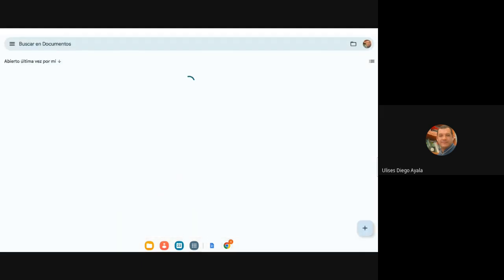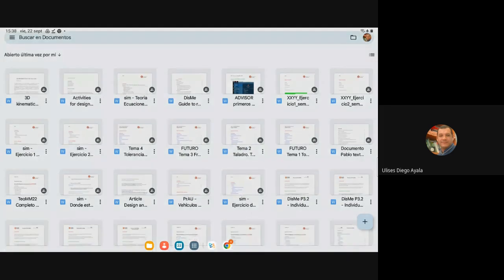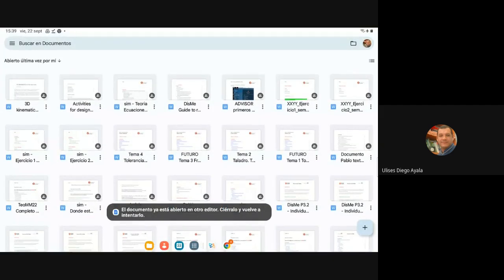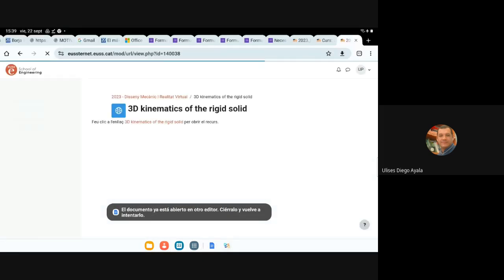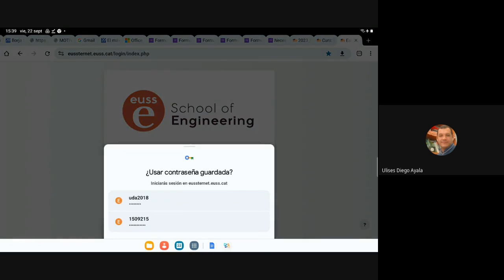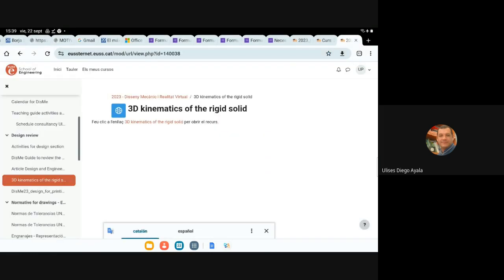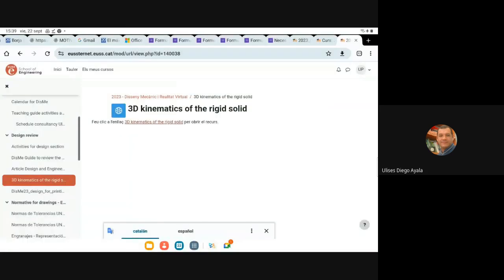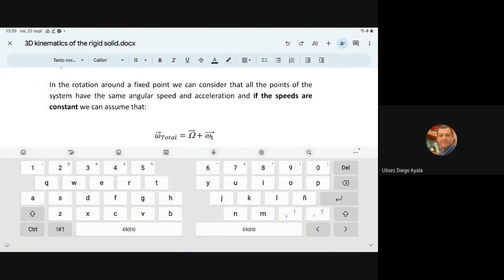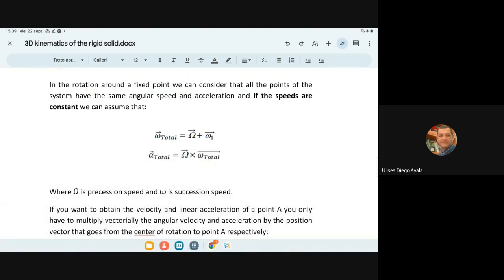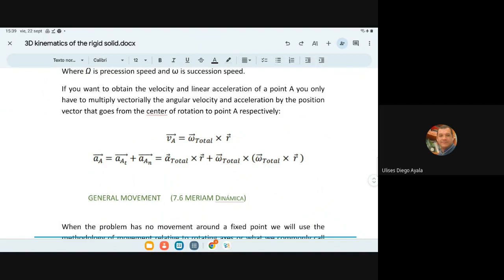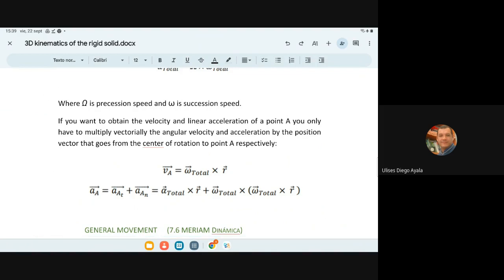And then for the velocity, if you want to take the linear velocity of point A, which is what we are asked, you multiply the total velocity by the vector r.